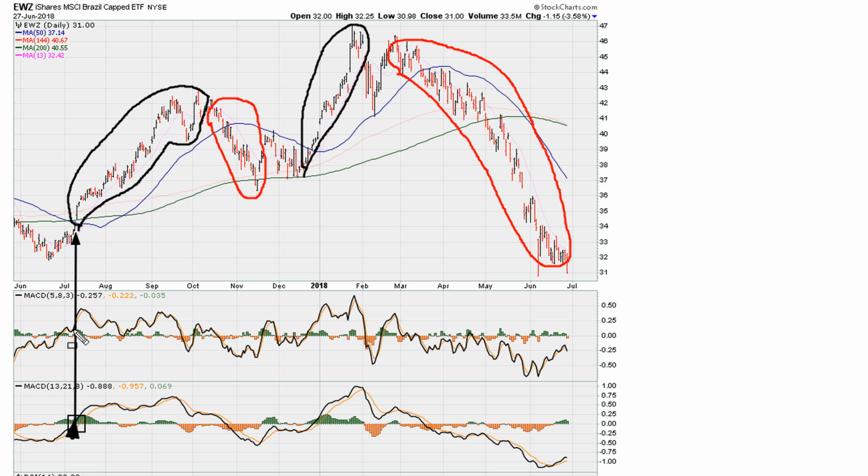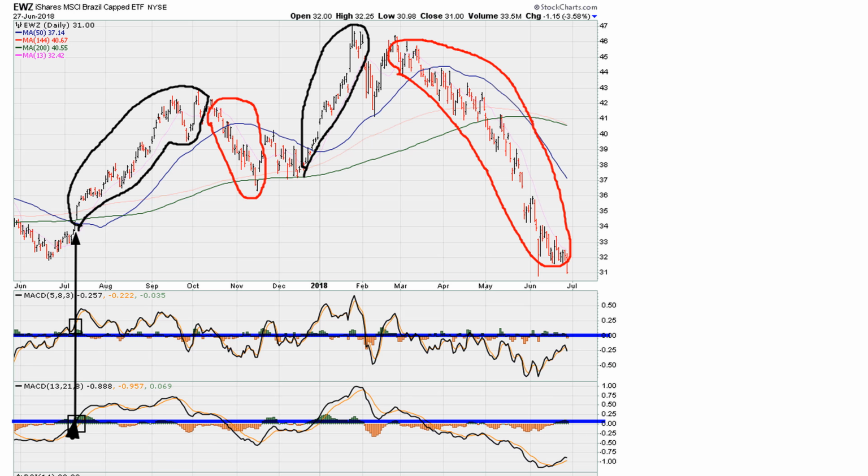Both MACDs moved above or were above 0, and of course the 0 line is here. So the 0 lines on both MACDs.